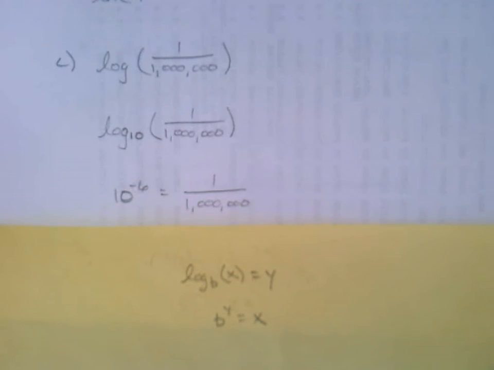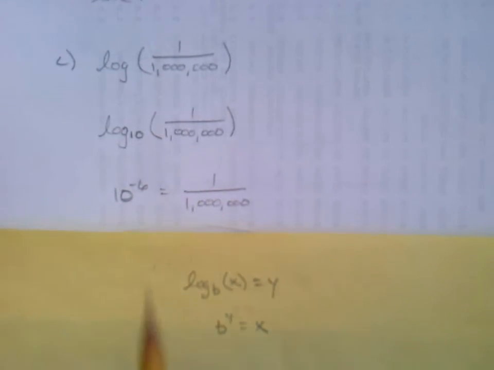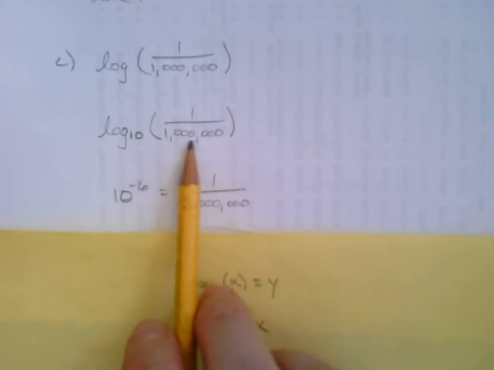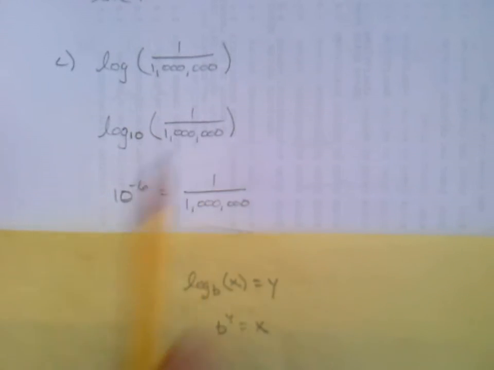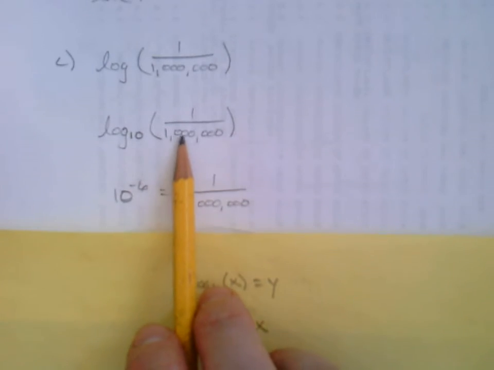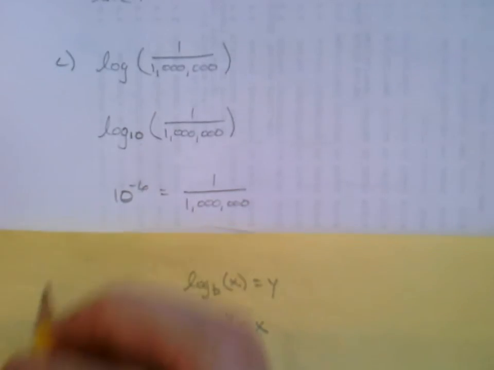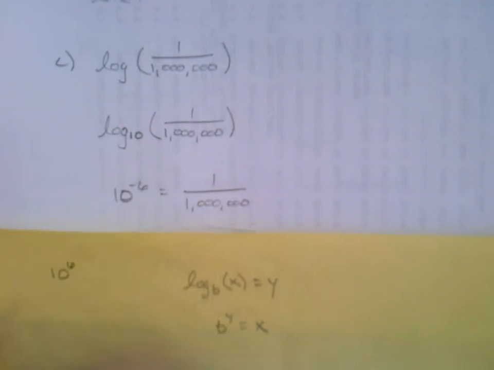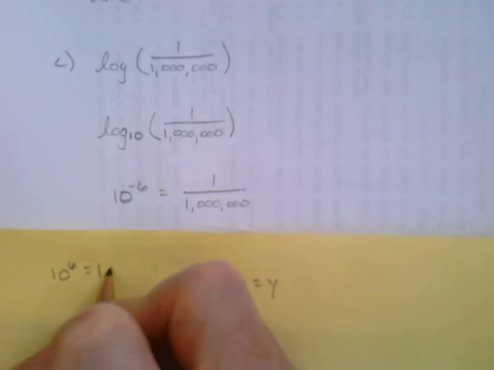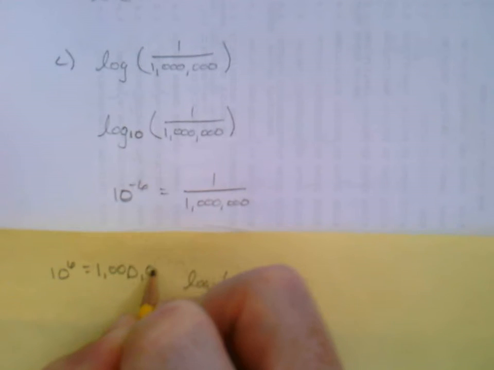Oh, and it looks like I'm giving it away. I didn't mean to do that. 10 raised to what? For 1 million, we can see that there are 6 zeros. So maybe you would agree that 10 to the 6 is 1 million.